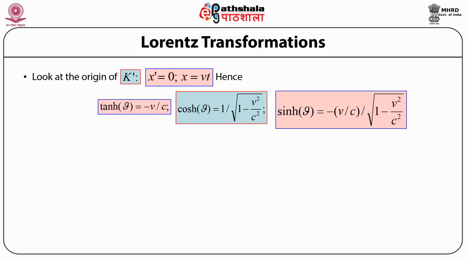These two equations we get when we put x′ equal to 0 and x equal to vt in the above two transformation equations that we had defined for x′ and ct′.